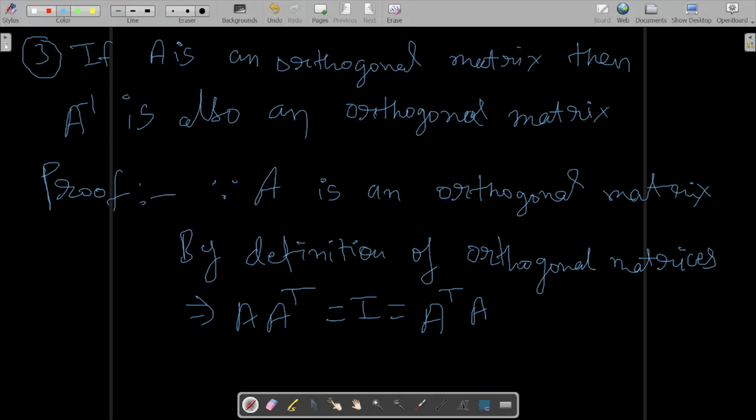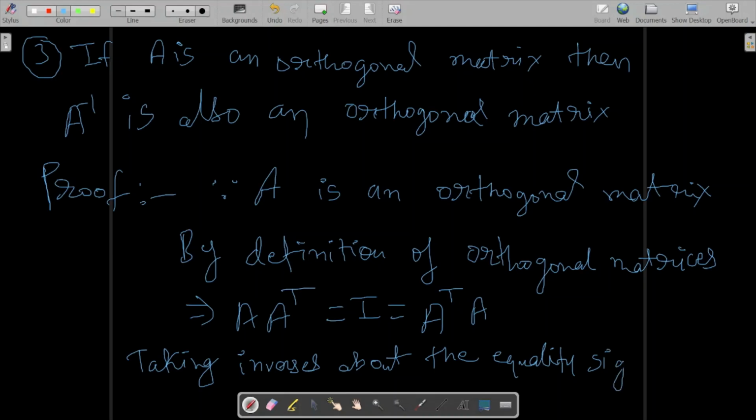Then what we will do is take inverses on all the 3 sides.